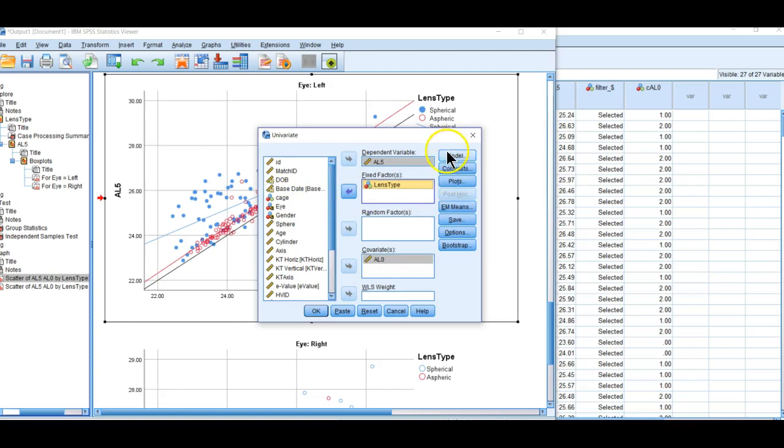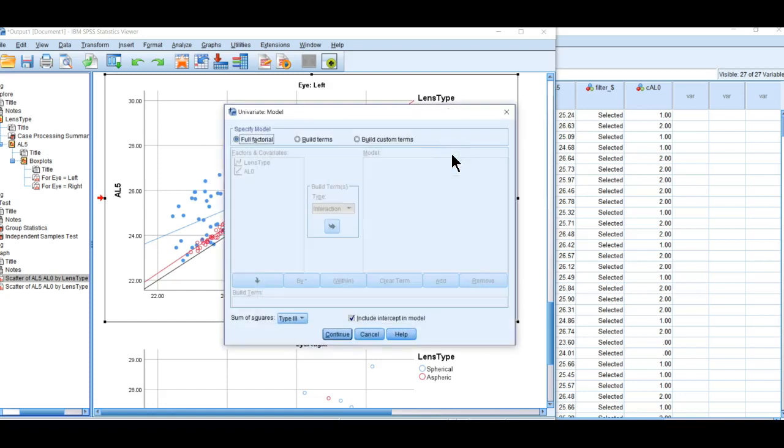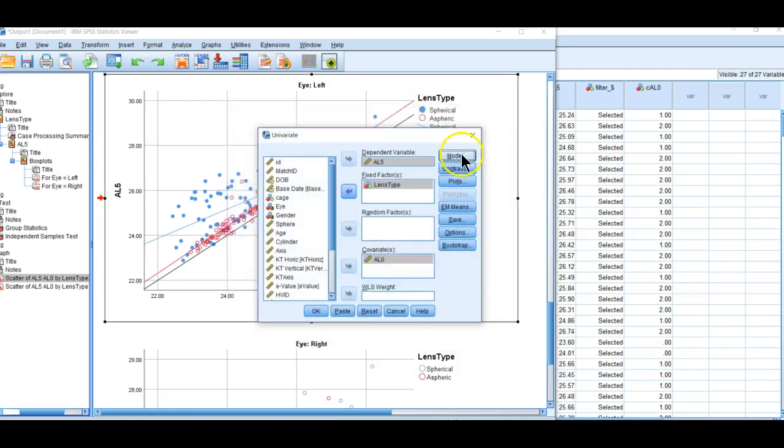Now, one of the things when you use this particular procedure, if we didn't go into this model option, it would give us a main effect of lens type and of the covariate. But we have seen from our graph that we need to consider the interaction.